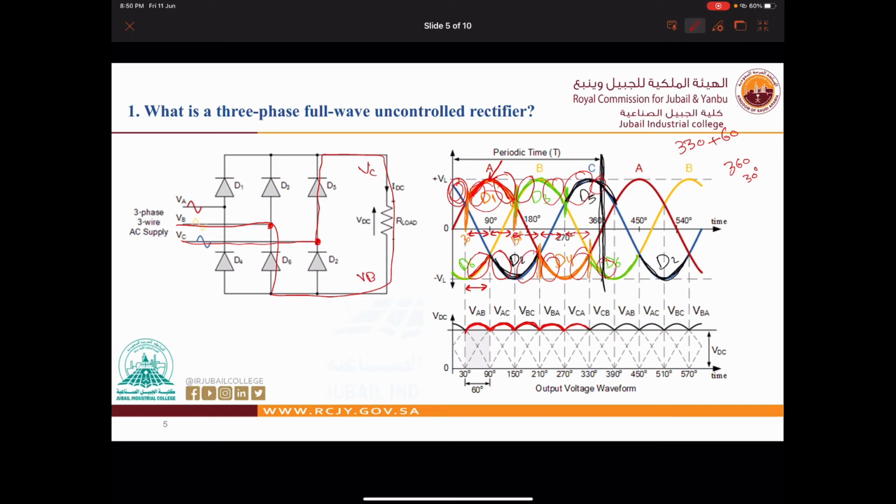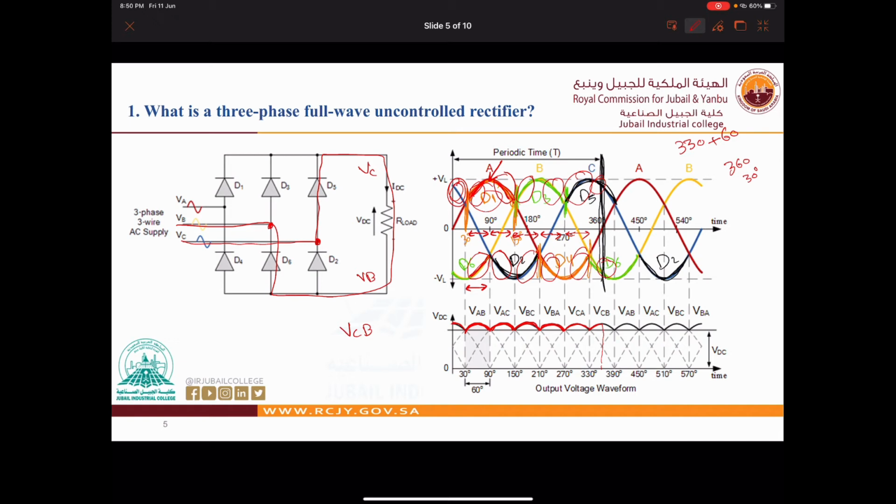So the difference between VC and VB should be the line-to-line voltage, which is VCB. So it will start from here up to here, because this is up to 360. So this is 360.